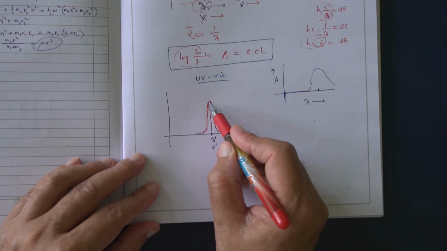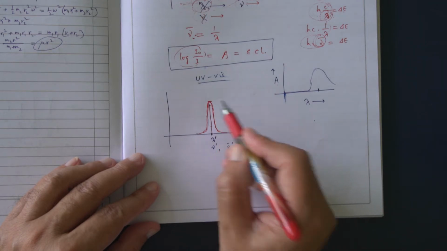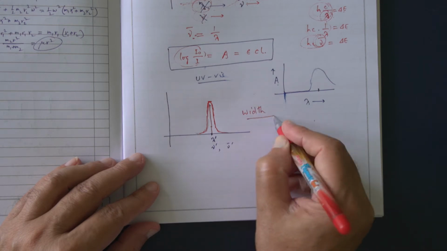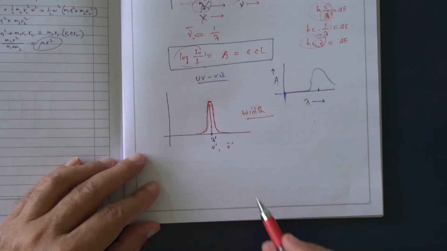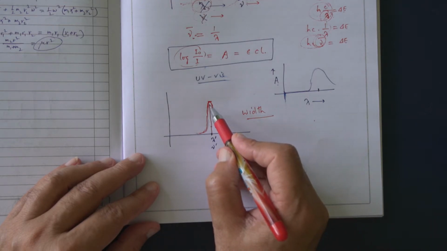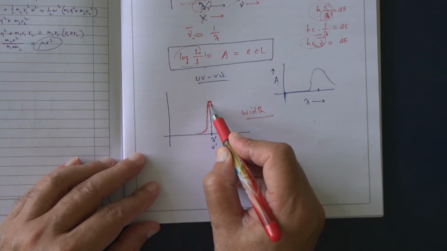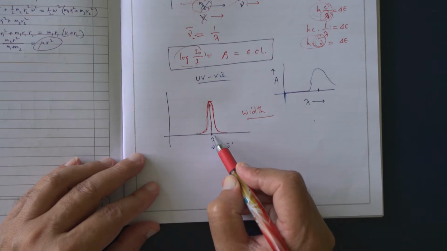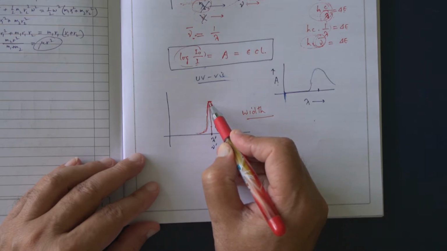So there is a width of the spectrum. If it were a line like this, then it would have been a point.